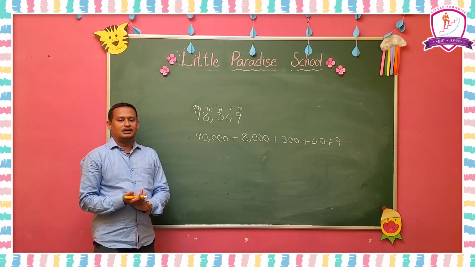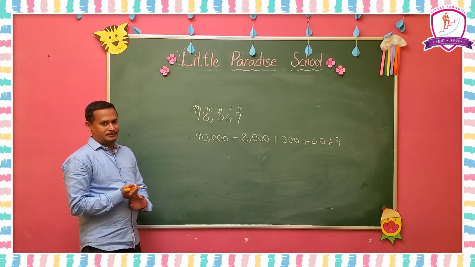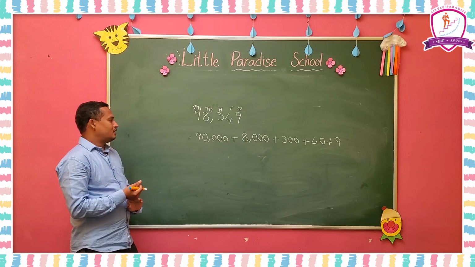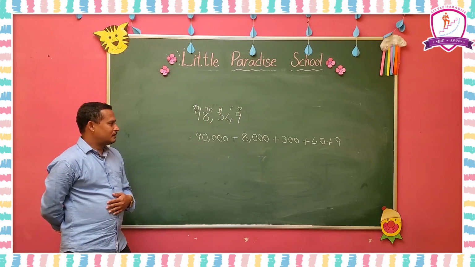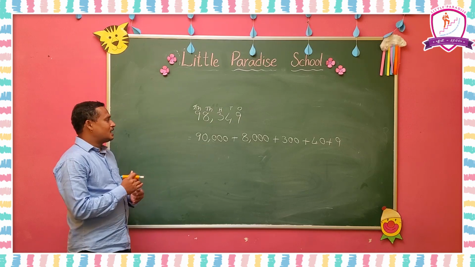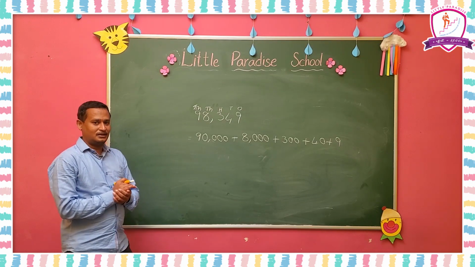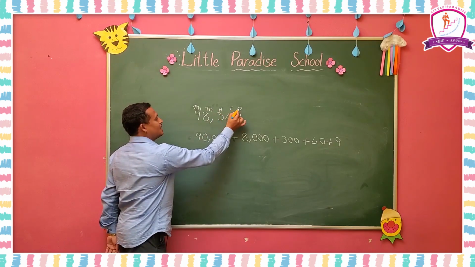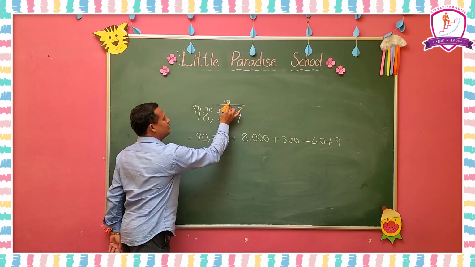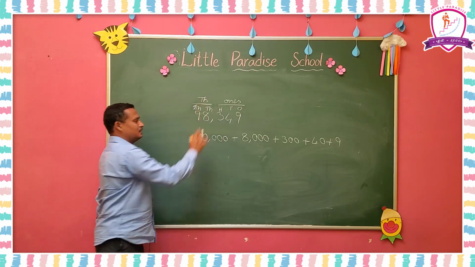Okay. Now, let us see how to read this number. According to places we can write the expanded form. When you are reading, you have to recognize the periods also. You have to know the periods, then only you can read the number. So, here ones, tens, hundreds will become the ones period and thousands and 10,000s will become the thousands period.